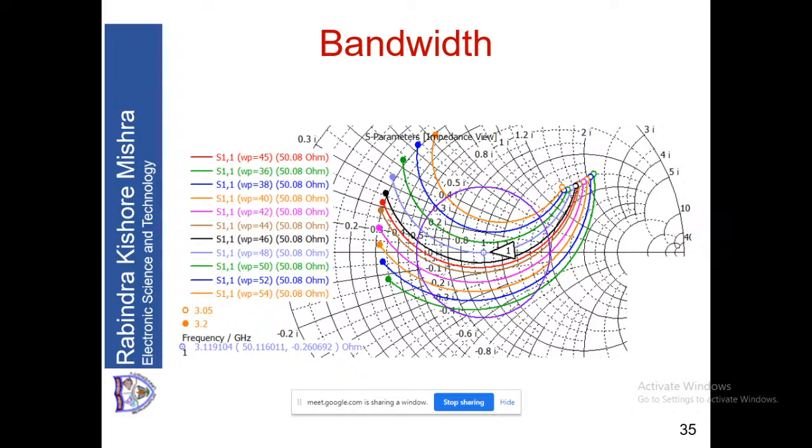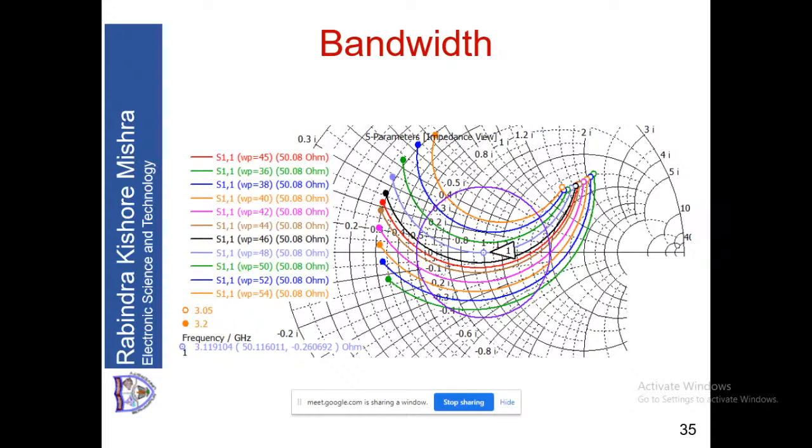Now if you look at these curves, there is a circle inside the central circle that shows you VSWR is equal to 2. So within that circle VSWR will be within 2, and VSWR 2 corresponds to S11 of minus 10 dB. So within that circle we should have the largest portion of the frequency.